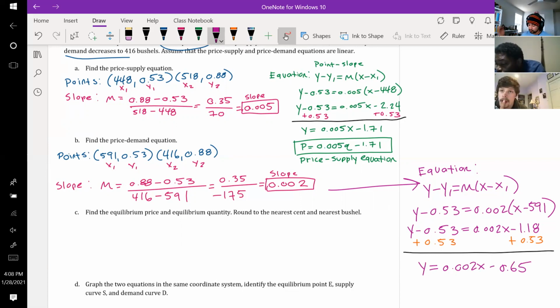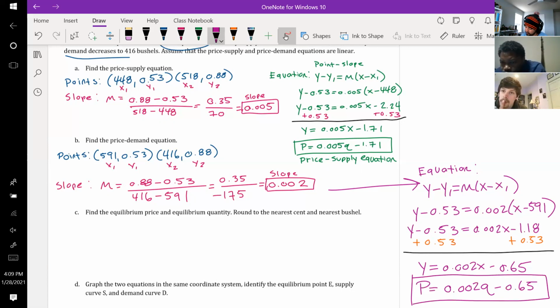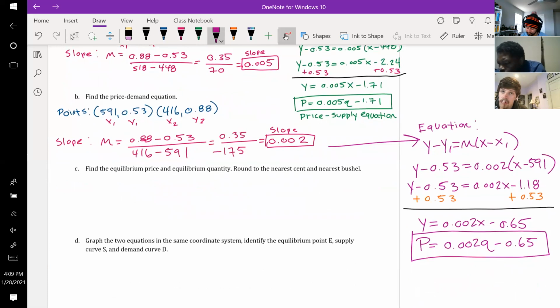And again, we need to put it in terms of P and Q. So we're going to just rewrite this as P is 0.02 Q minus 0.65. And this is the price demand.